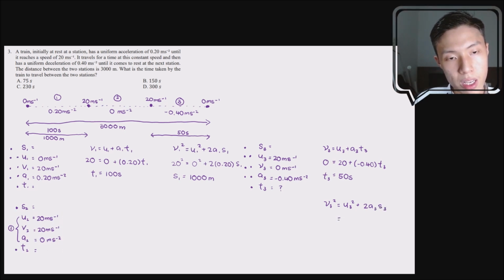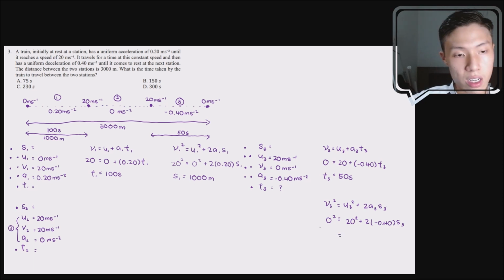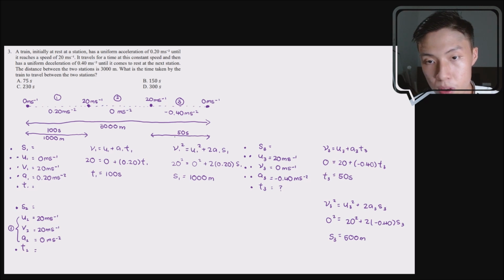So if we plug in our value, we have 0 square equals to 20 square plus 2 times negative 0.40 times the displacement for the third section of the journey. If you plug it into your calculator, you get that the displacement for the third portion of the journey should be 500 meter.